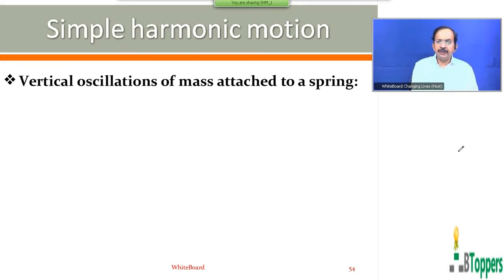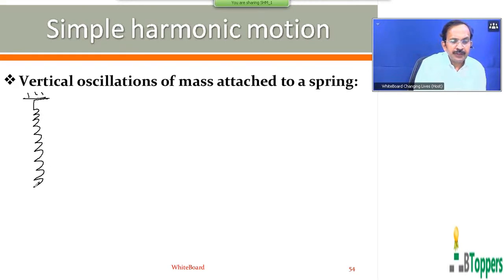In the present discussion of the spring mass system, it is understood that the mass of the spring is negligible compared to the mass of the block. So let us suppose one end of an elastic ideal spring is connected to a rigid support.